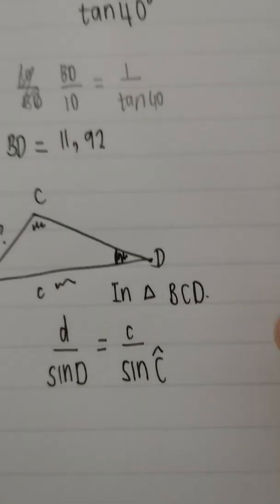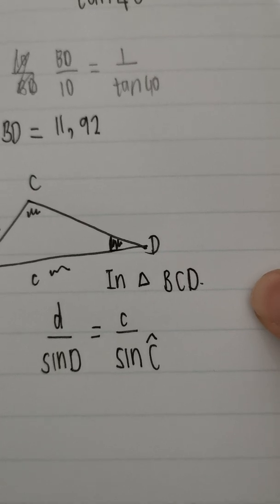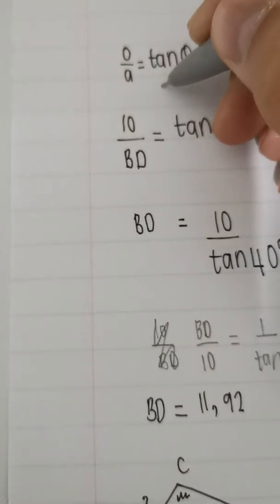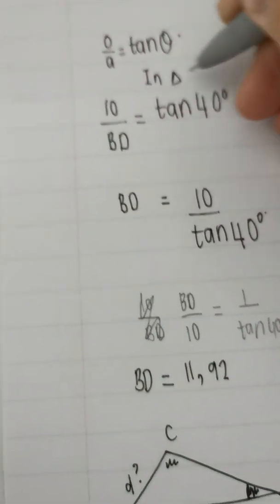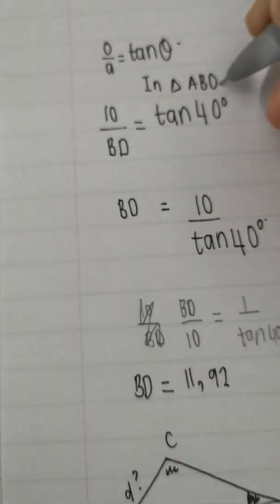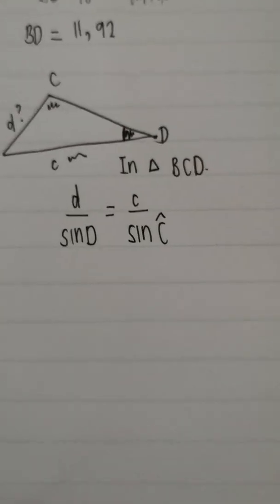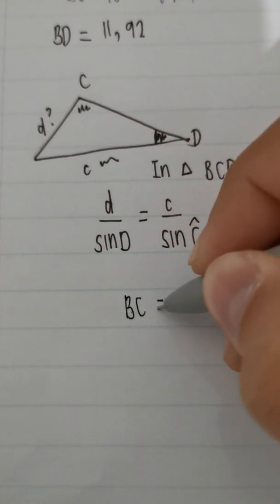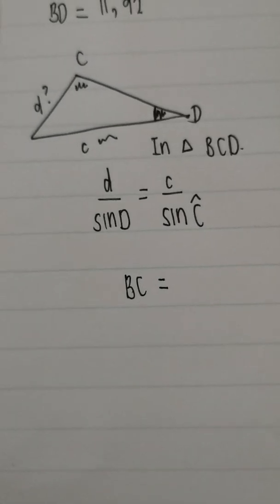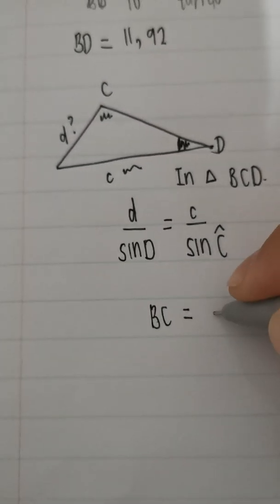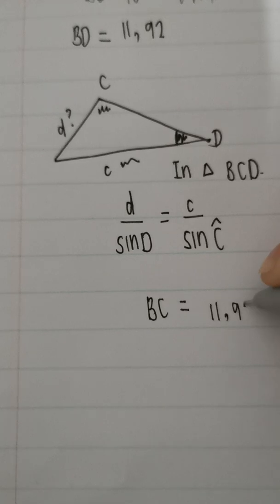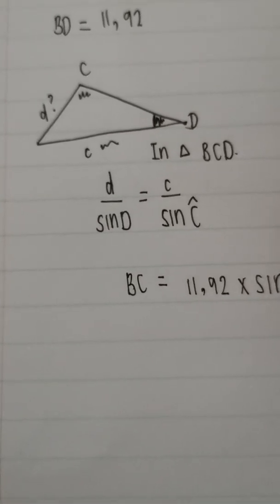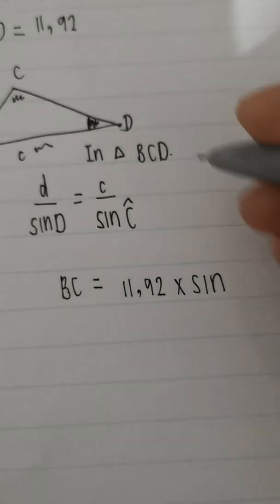One thing I forgot to mention, since we are talking about two different triangles, it would be helpful if you mentioned which triangle you're talking about. So in triangle ABD, that would be really helpful. I'm just filling in all of the information.